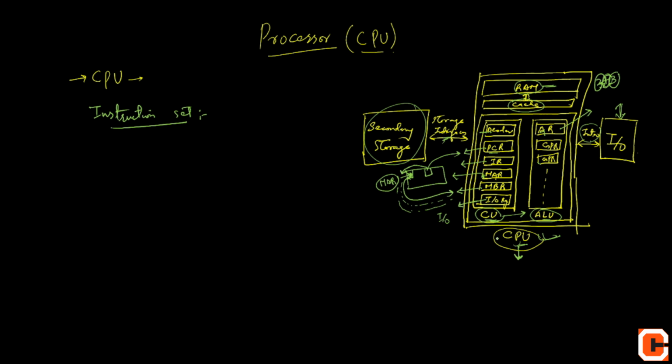Every CPU has a built-in ability. Make a note of this. It is a built-in ability to execute a set of machine instructions called its instruction set. Most CPUs have 200 or more instructions, such as addition and subtraction.